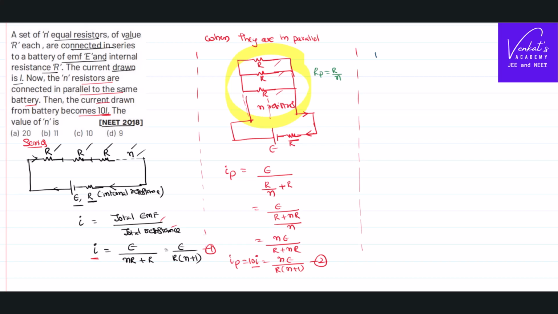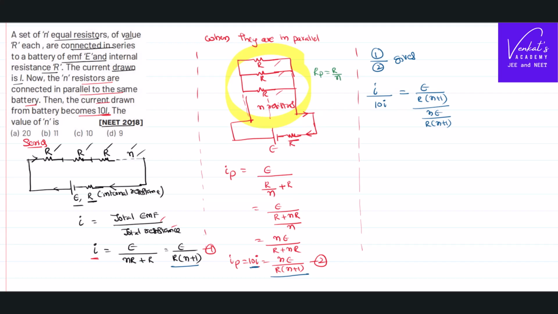Equation number 1 by 2 gives, on the left hand side, I by 10I. The right hand side of the first equation is E by R of n plus 1, and the right hand side of the second is nE by R of n plus 1.